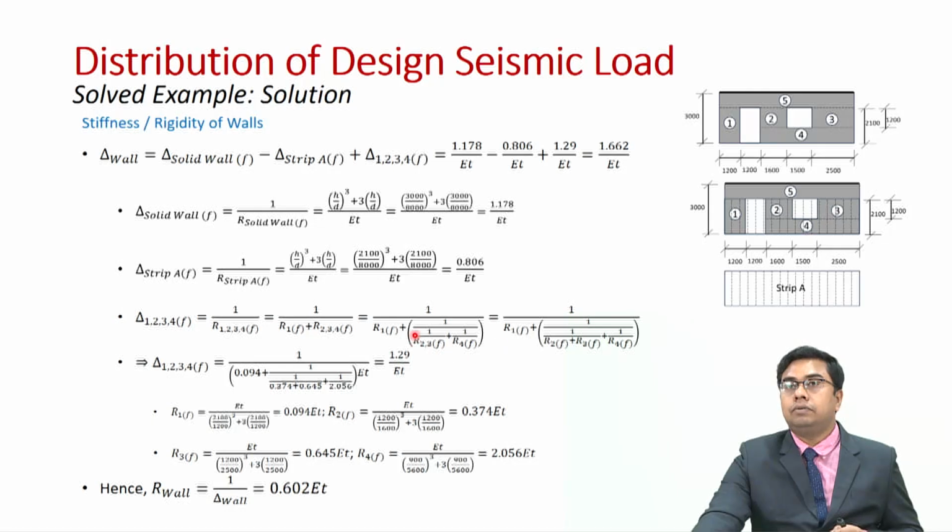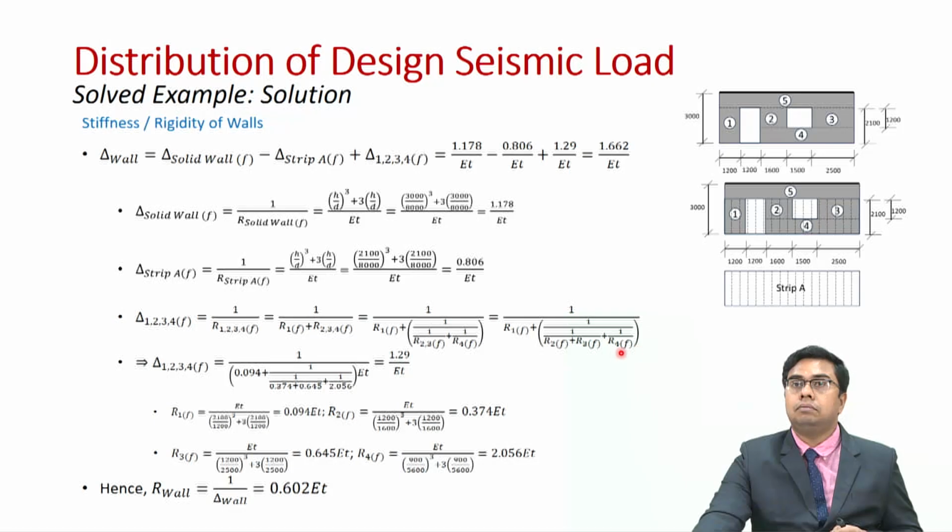Then after doing this, again this very factor R 2, 3, that is the stiffness of the system 2, 3 taken together, these two are in parallel. So, this shall be equal to the sum of the rigidity of system 2 and the rigidity of system 3.